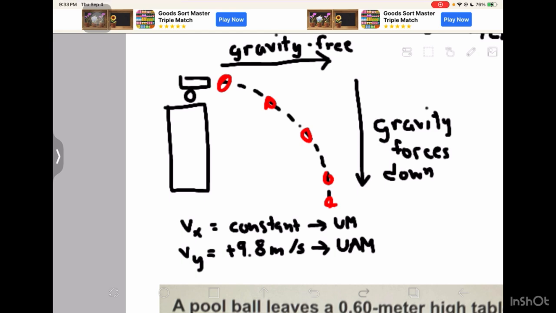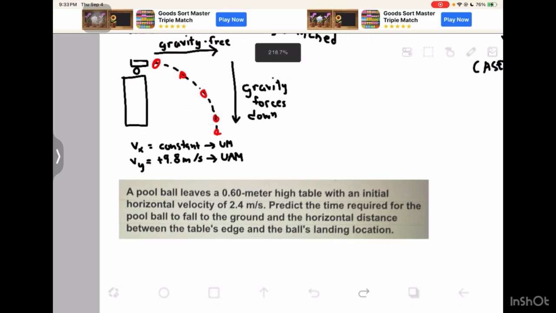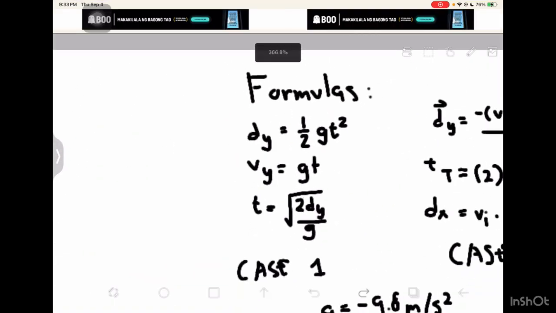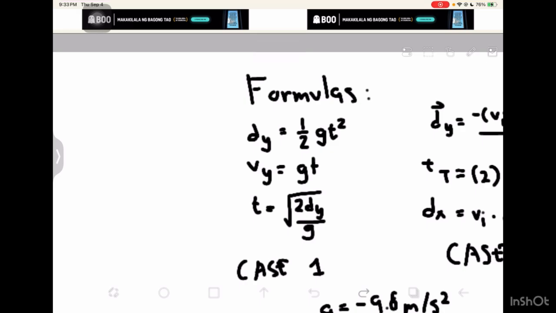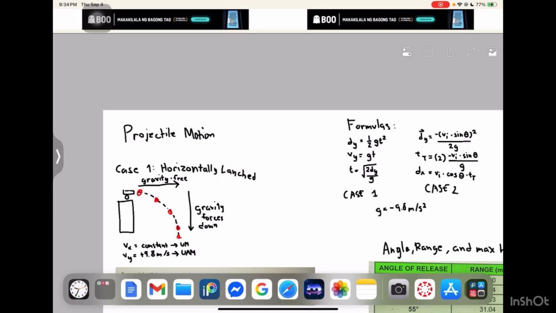So now we have our case 1. Our case 1 formulas are d sub y, v sub y, and t. So let's take a look at this one. By the way, in the ETA, you don't need to worry about identifying which variable you need.